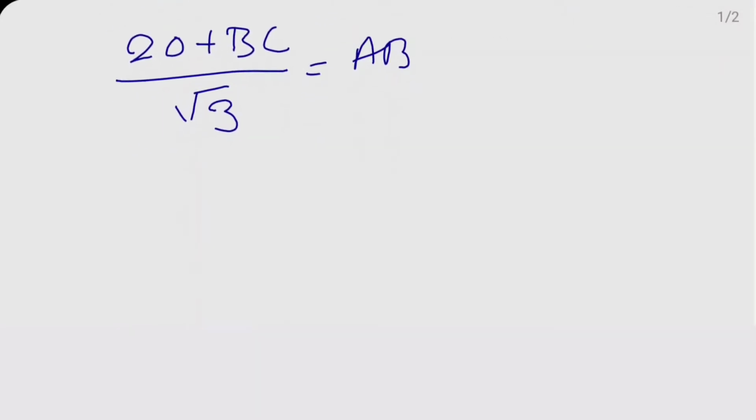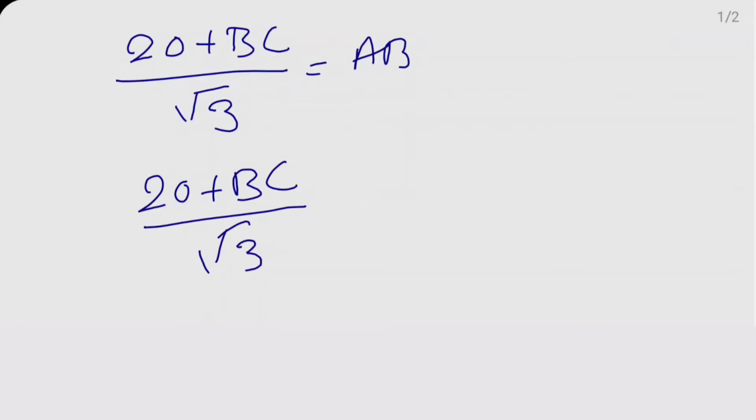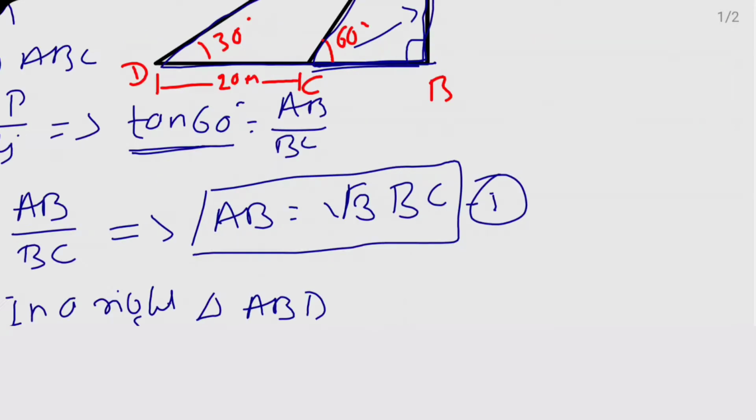And now 20 plus BC divided by root 3 as it is, this equals, instead of this AB we can write root 3 BC. So see here, AB equal to root 3 BC, equation 1.